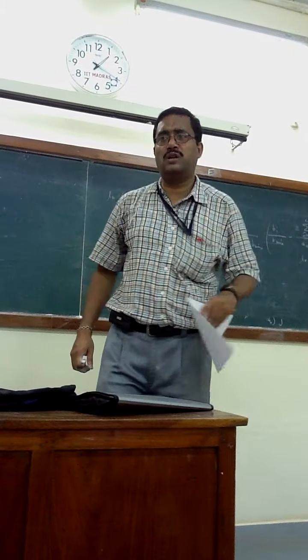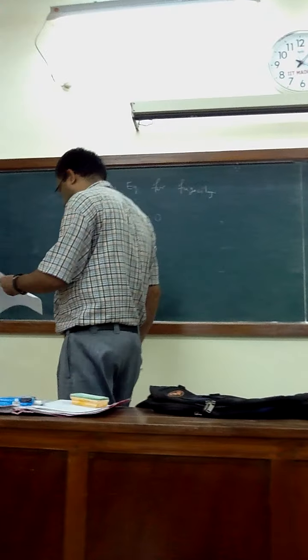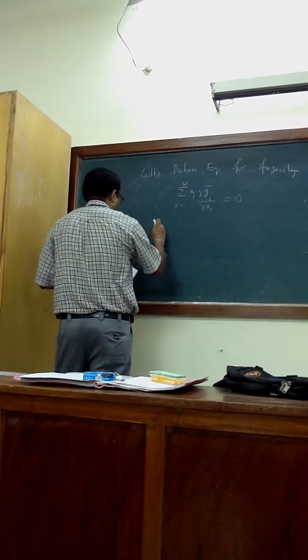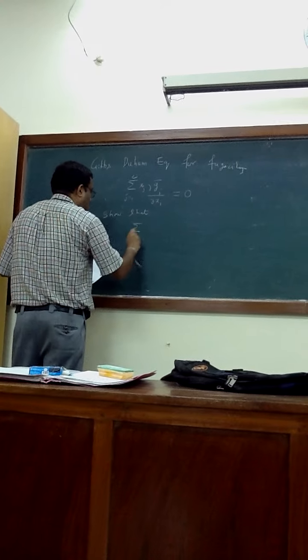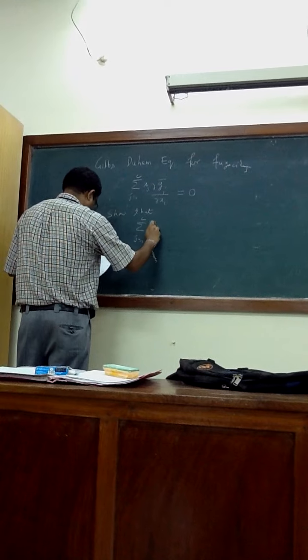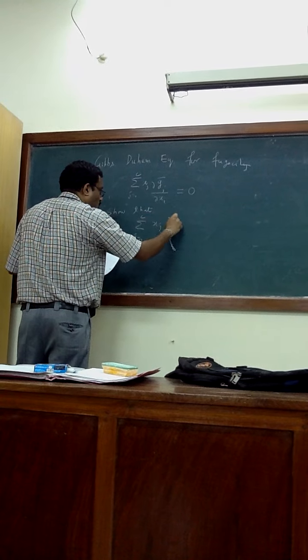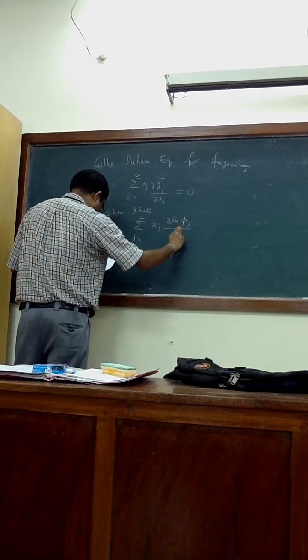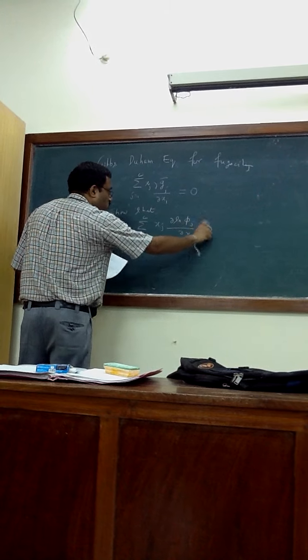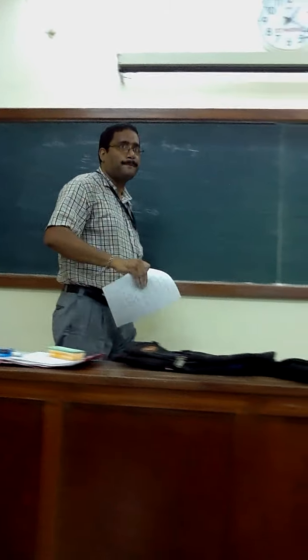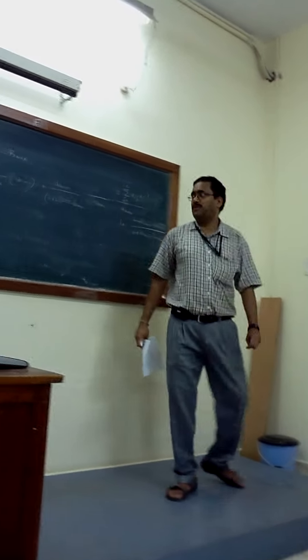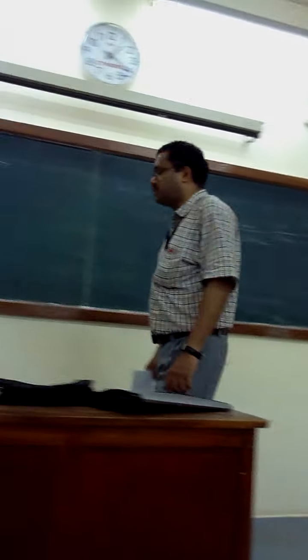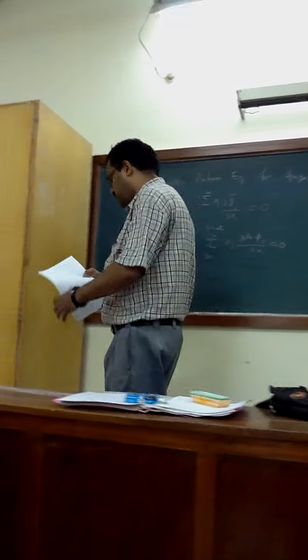What will happen for the fugacity? For the Gibbs-Duhem equation for fugacity, I am asking you to show that summation j equals 1 to C, xj dou ln phi j by dou xi equals 0. Now you know multi-component fugacity very well. We have done it from the equation of state, three different equations of state. How to get it?